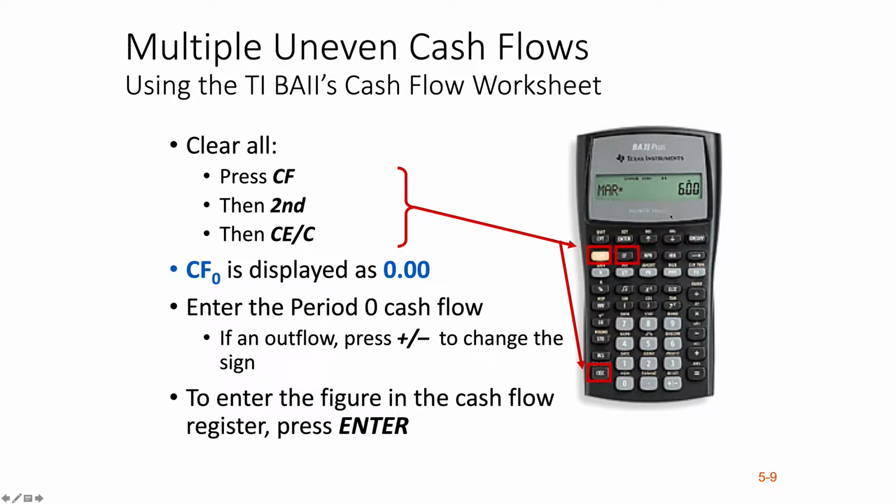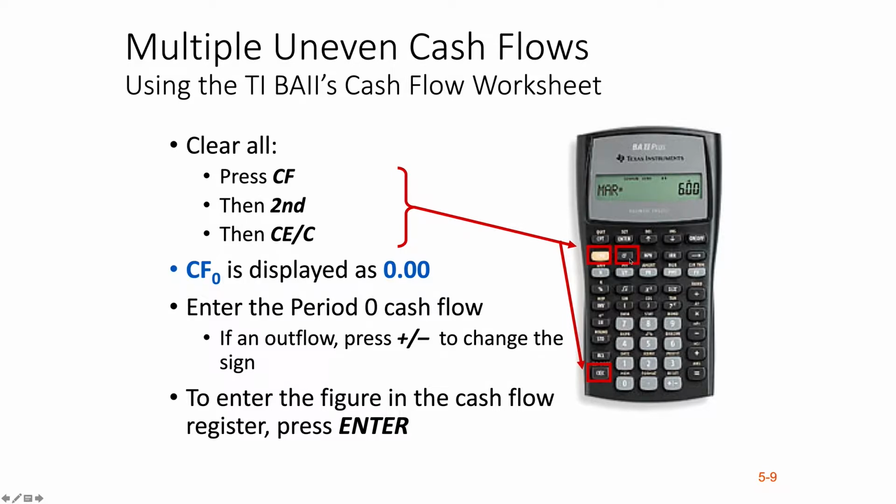Now, before we do some housekeeping work, number one, when you're dealing with CF keys, you have to use second and the clear key to clear all work. In other words, using second, the last row, the first key in the last row, which will let you clear all the registers within the CF keys.